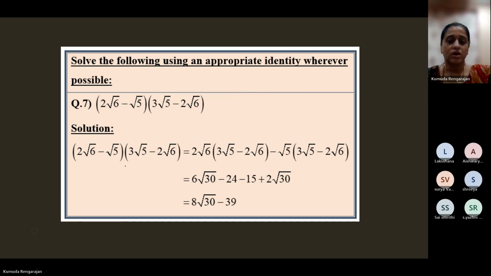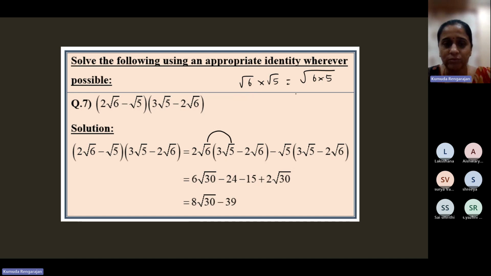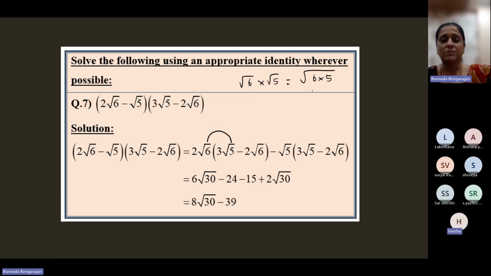When you multiply root 6 and root 5, it's root of 6 into 5. If it's a composite number, we have to break it down into its prime factors. But 6 is 2 into 3, so that's 1, 2, 1, 3 and 1, 5.